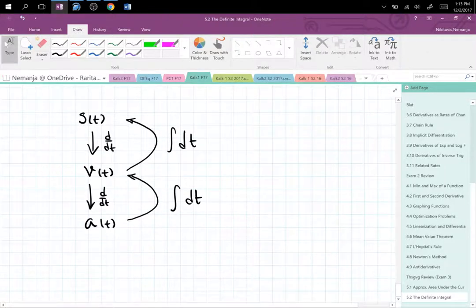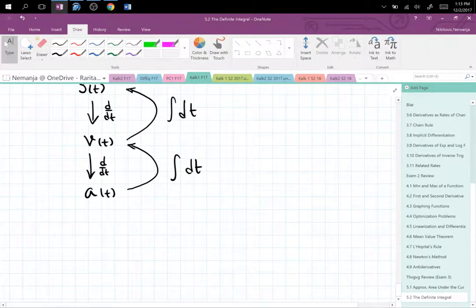Now, this has huge implications, because if you start with your acceleration, which was the change of velocity, v prime, and that is, let's say, gravity g as you throw something.